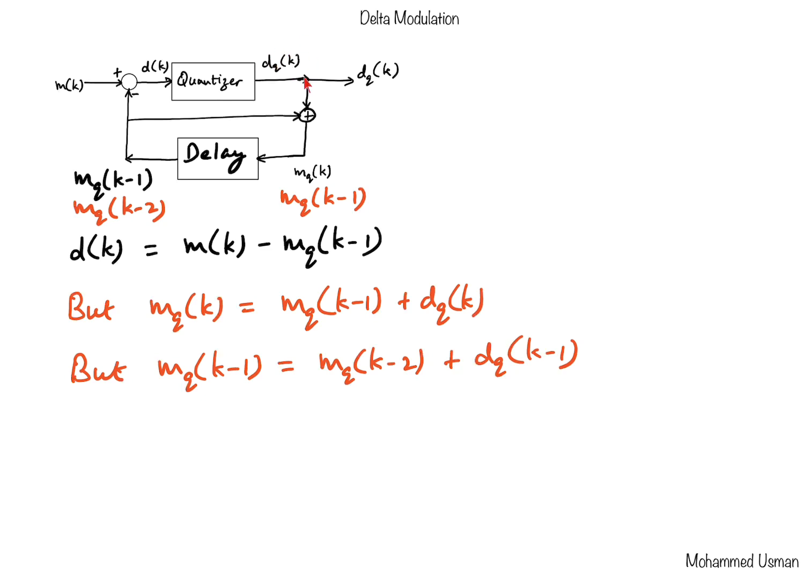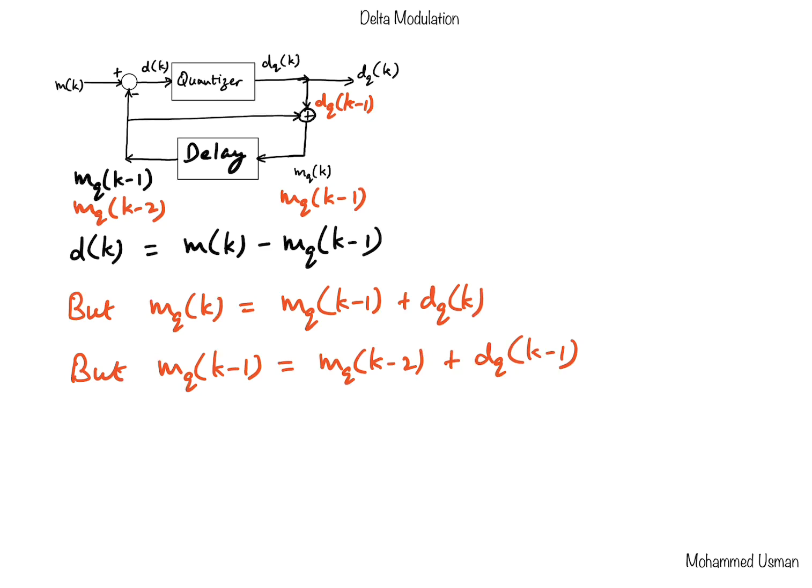This also has to be taken one step backward, so I'll write that again in red here. dq[k], going back one step, would be dq[k-1]. So we can represent mq[k-1] as mq[k-2] plus dq[k-1].